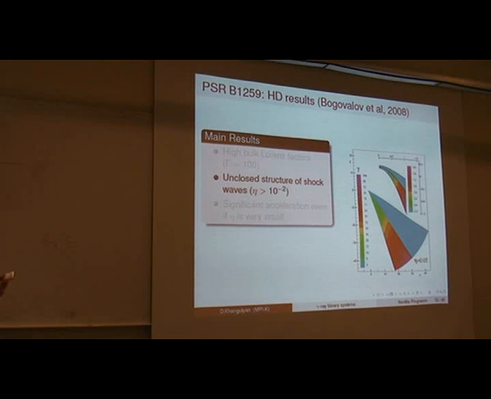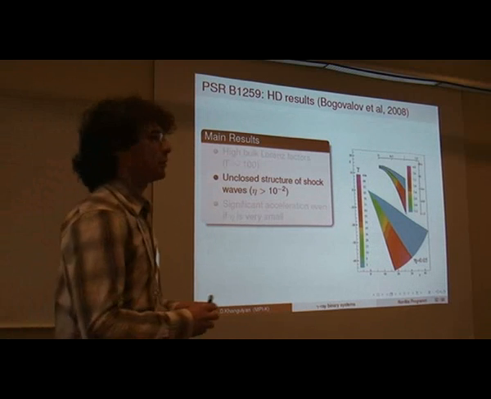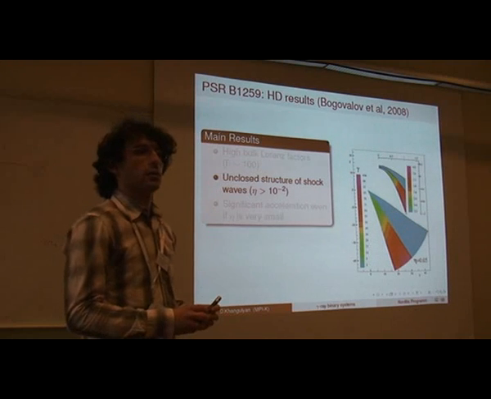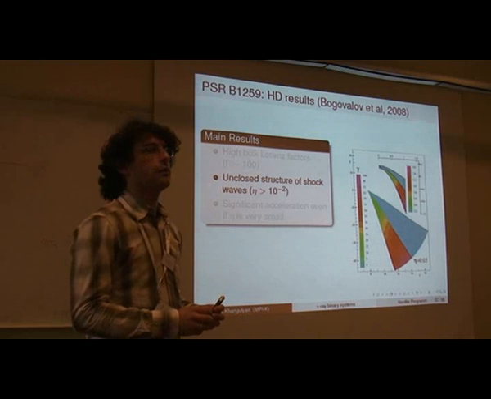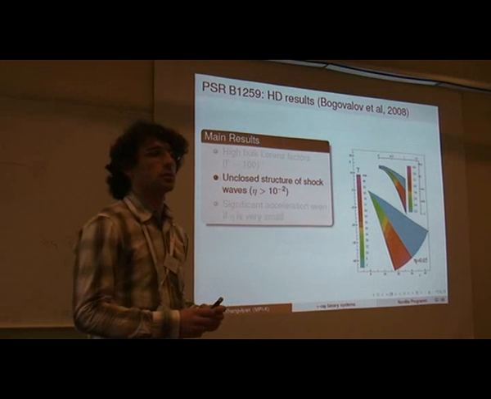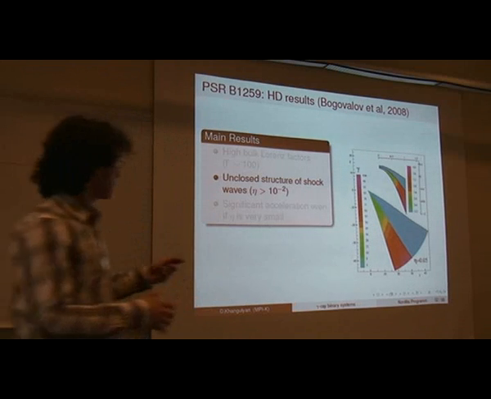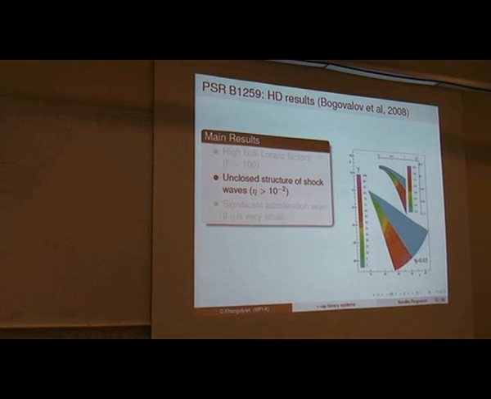Is the bulk Lorentz factor the same as in the torus of the Crab? Well, in the Crab, the velocity is about 0.5 c, so the velocity here is a bit faster than that in this case. Otherwise, it's very much the same.